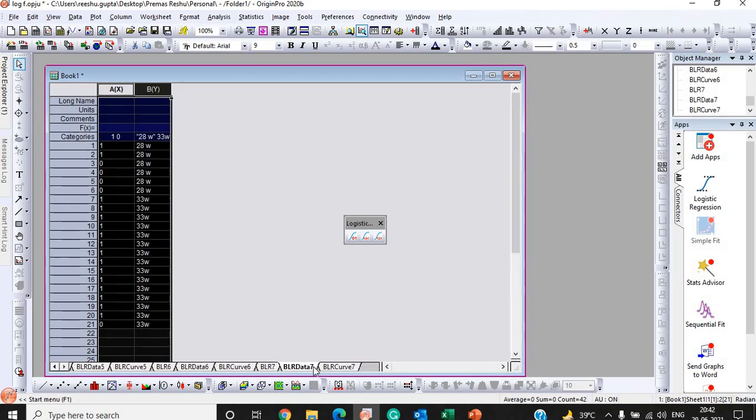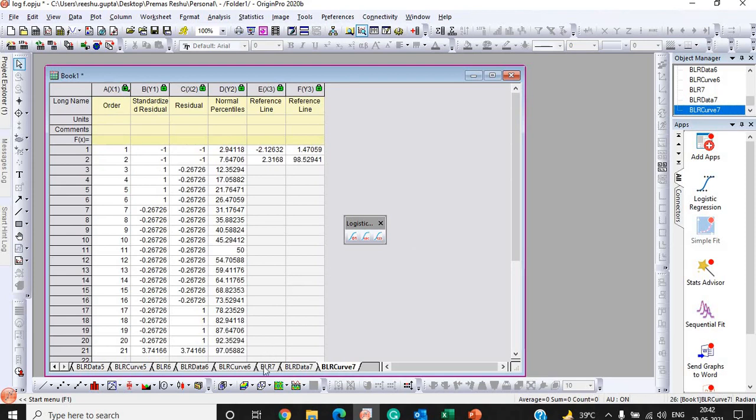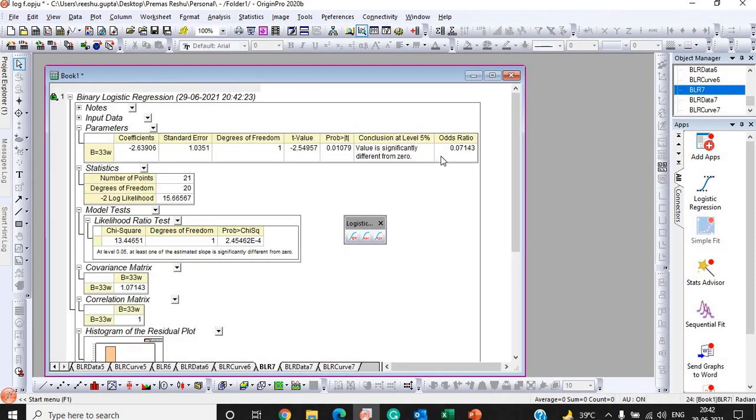So the odds ratio is coming 0.07. When we are doing the odds ratio, if it is less than 1, then it is showing that when the gestational age is 33 weeks, the chance of the child not having the breastfeeding diet is very less. Okay?